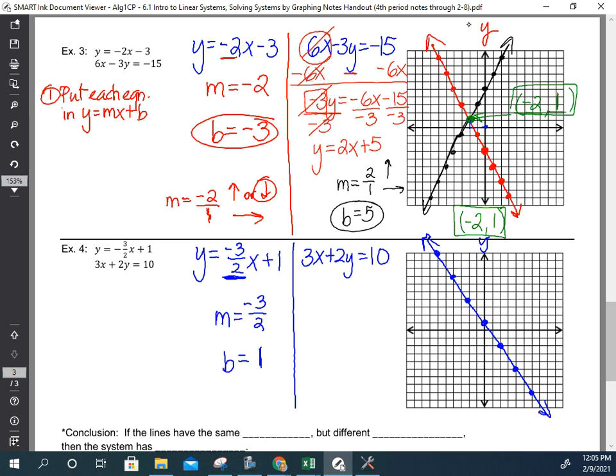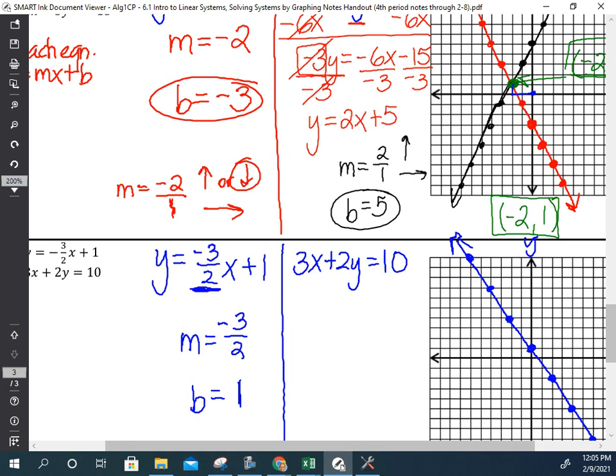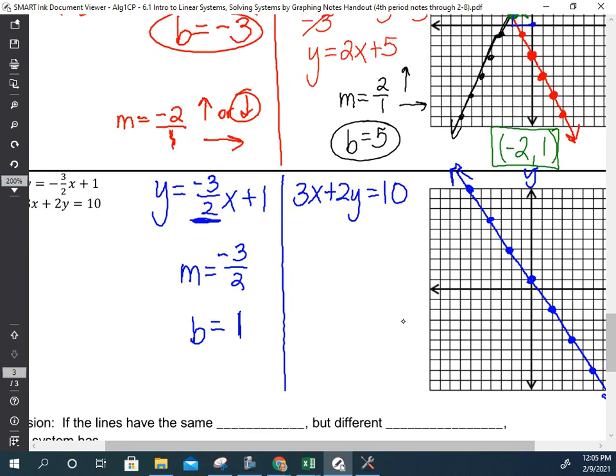Now we're going to do our second line. Before we can graph that, we're going to have to rewrite that. So 3x plus 2y equals 10. I want y by itself. So what do I have to do first? What has to happen first?